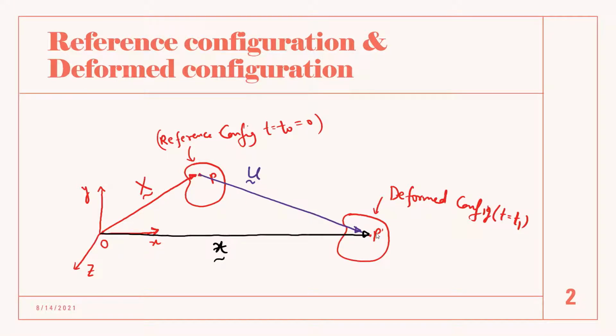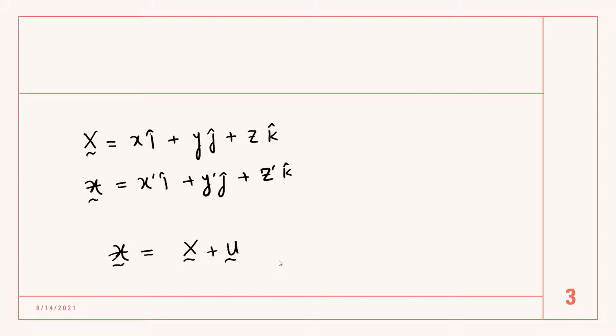Now we will see that the displacement vector u would be equal to the small x vector minus the capital X vector, because by the triangle law of addition, we know that the X vector plus the u vector would be equal to the small x vector. The capital X vector is x i cap plus y j cap plus z k cap, and the small x vector would be in terms of x prime.